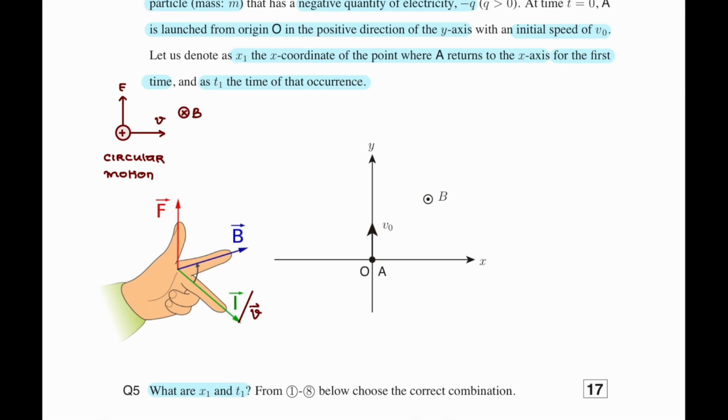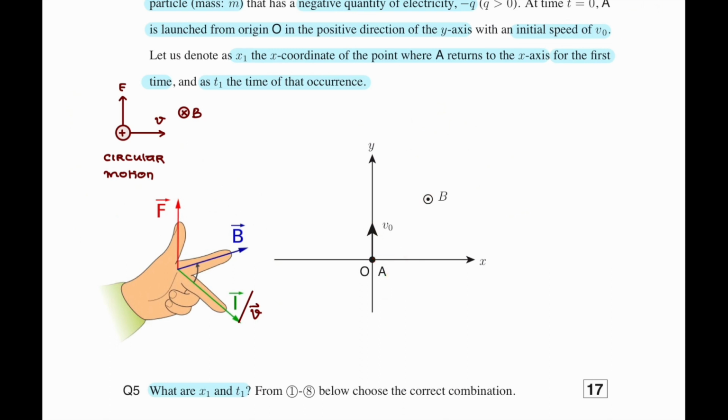You will get that the direction of force is going to the right. So if you follow this condition of your fingers on this diagram, your thumb will go to the right. That means the direction of force is going to the right.